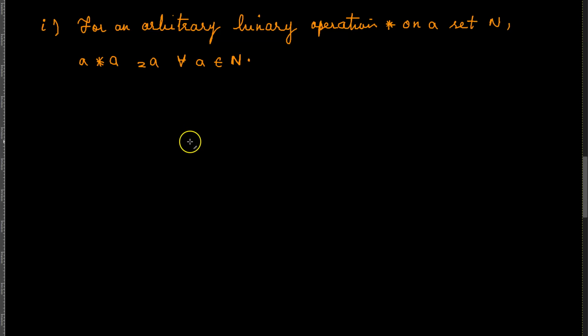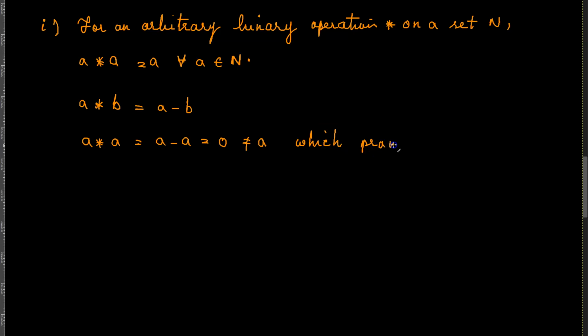Suppose the operation is A star B equals A minus B. Then A star A would be equal to A minus A, which is 0, which is not equal to A, which proves this statement to be false.